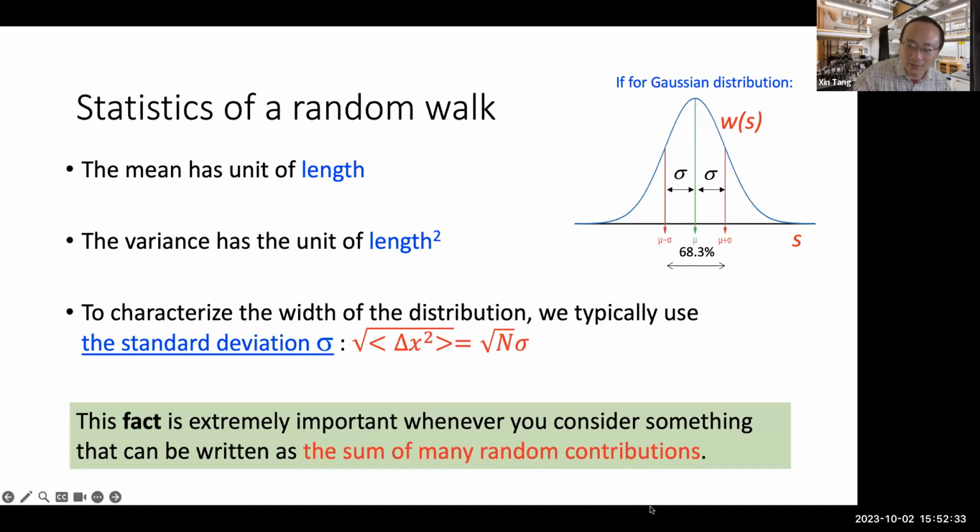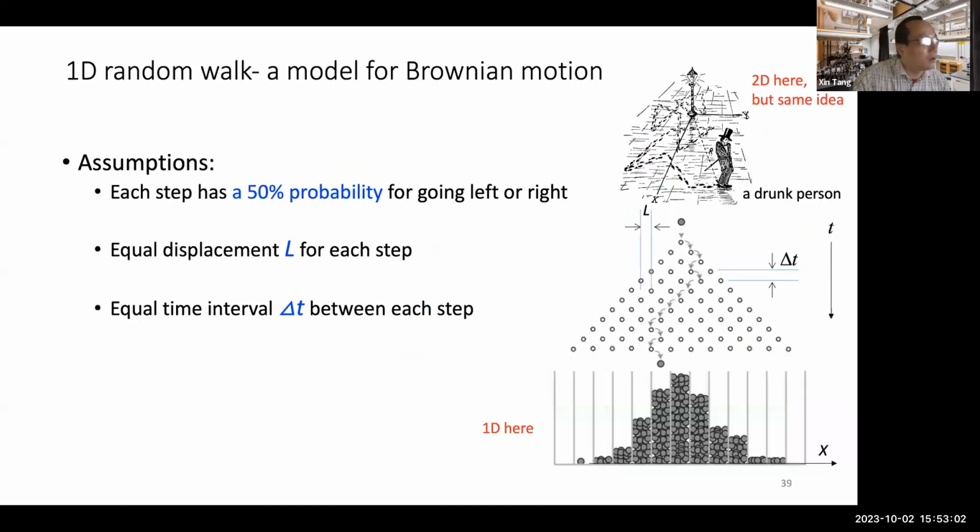If you know each contribution's mean and variance, then based on the number of contributions added together, you will know the mean and the variance of the final product. That is super important. And we already showed the Gaussian distribution here, right? Right now it's 3:53. I can stop here and we can continue next lecture.